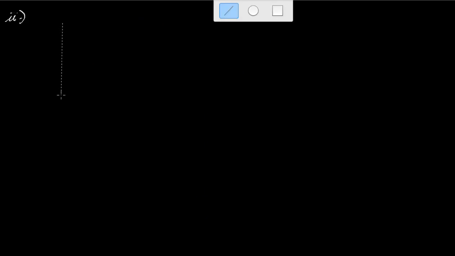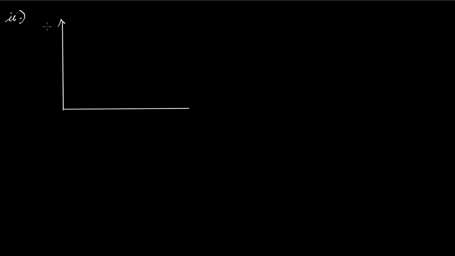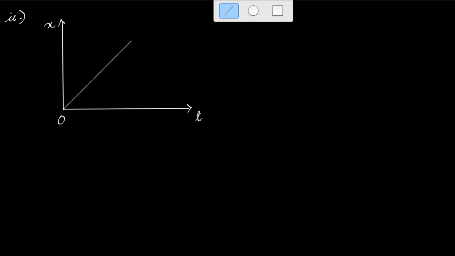Right, so let us discuss the second graph, number 2. Let's say we have again, always the position is plotted along the y-axis, the position x, and time is always plotted along the x-axis. Now let's say the graph is like this. This is the angle that the graph makes with the x-axis.